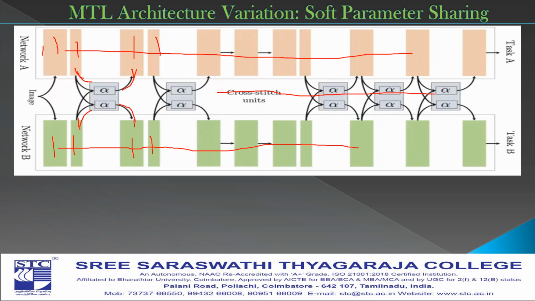The point is how much of the output from this network is shared, and how much of the values from this network is shared across, is determined by these alpha values. So many alphas are there, which form another network, which I said earlier is the cross-stitch network. So the cross-stitch network dynamically determines how much sharing should happen. There is nothing hard-coded here, and hence this name, soft parameter sharing.